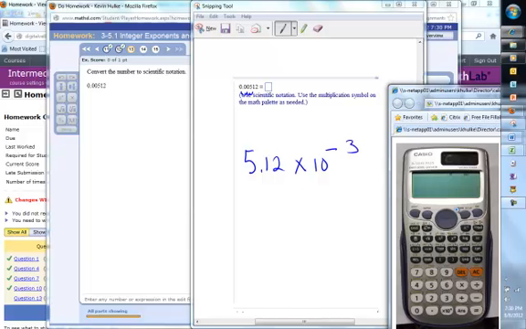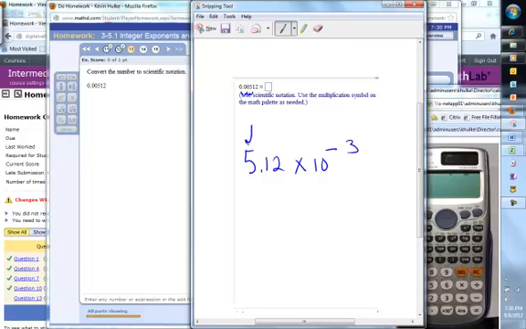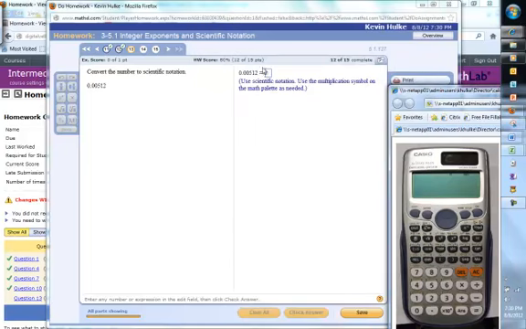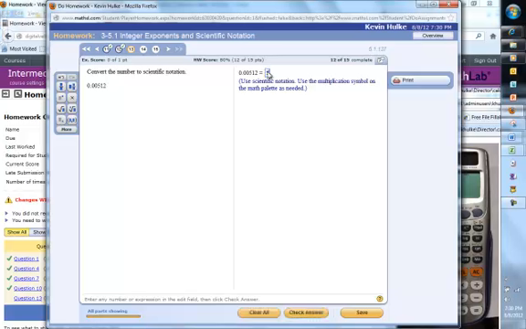That scientific notation wants you to know not how many places are in front, but how many places are behind. So the calculator says 5.12 times 10 to the negative third.